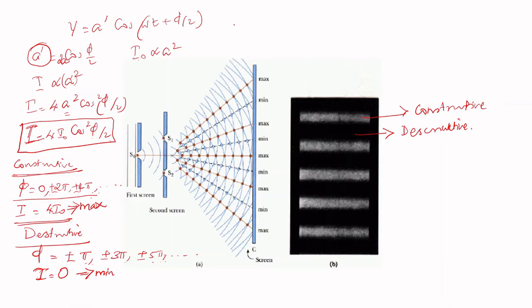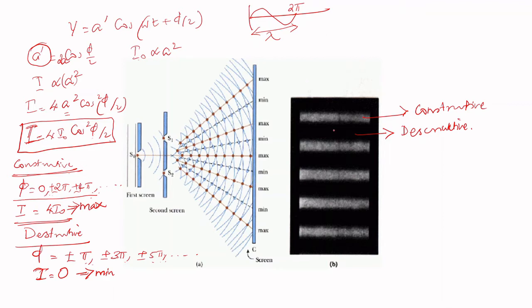So when we take a sine wave, this is how the sine wave looks like. So this is called its lambda, which corresponds to a 2 pi angle. So here, in terms of path difference, if you say the constructive and destructive interference.